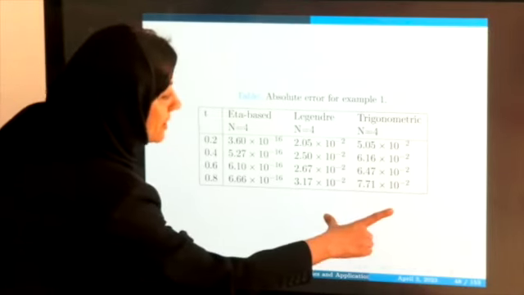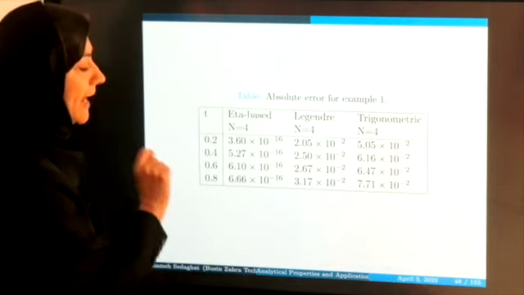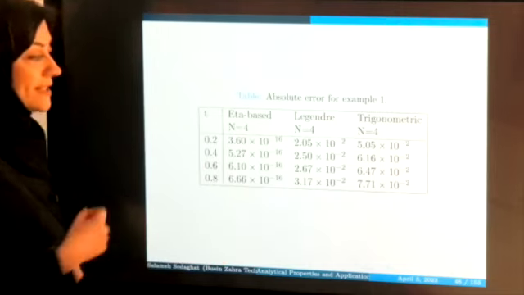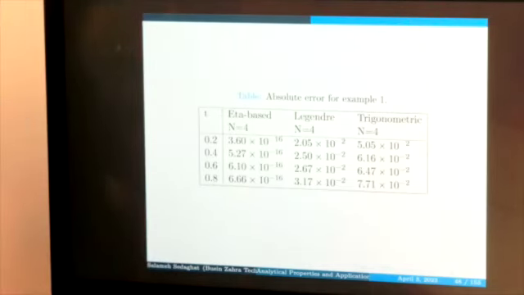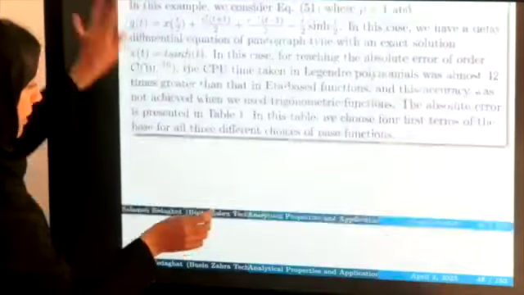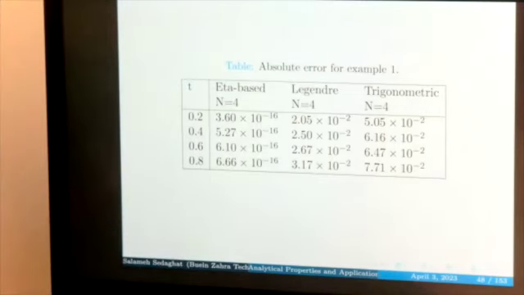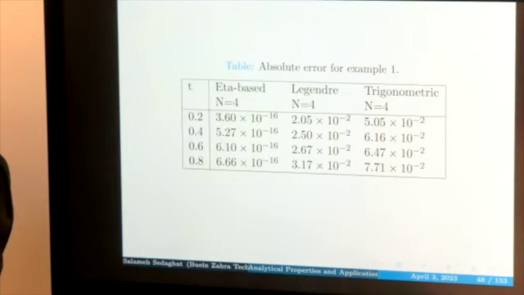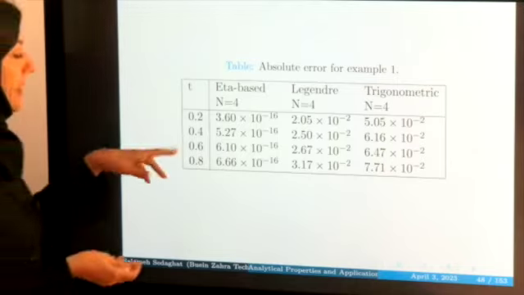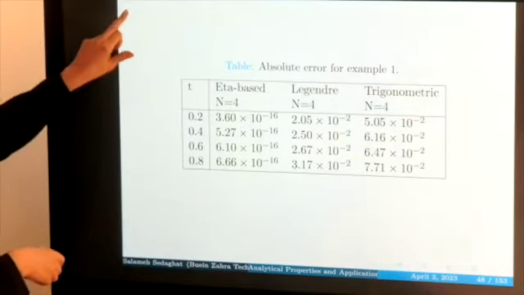But for Legendre polynomials and trigonometric function, we have the absolute error almost 10 to the minus 2. And you can see the eta base function for the delay differential equation that has an exact solution as a hyperbolic function acts much better than Legendre polynomial and trigonometric polynomial.